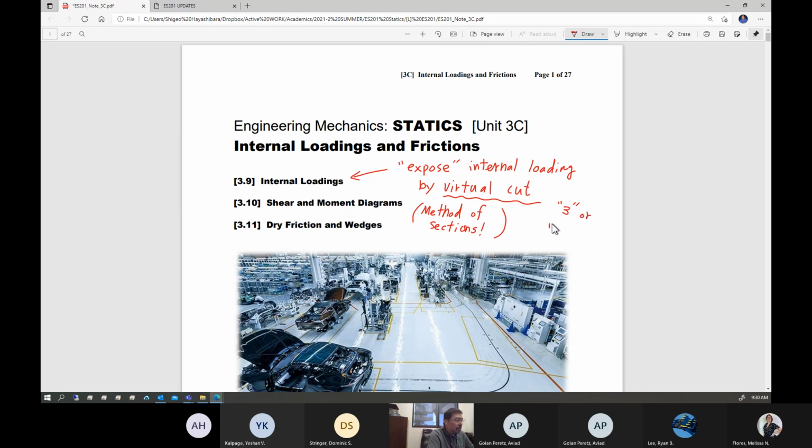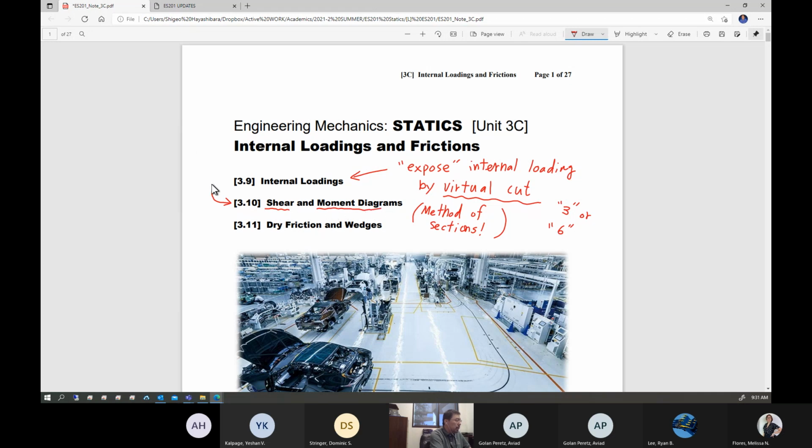If it's a 3D problem, it's going to be 6 unknown loadings you're going to expose. And then you're going to apply equations of equilibrium to find those unknown internal loadings. That's what we are going to do here. And after that, this is actually a very, very important subject: we are going to draw shear and moment diagrams.